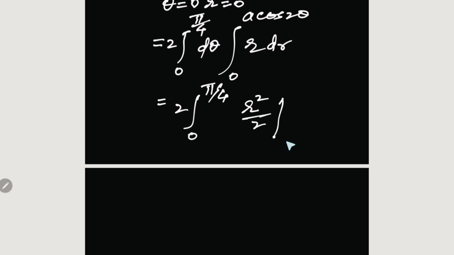And therefore, it is 2 times integration from 0 to pi by 4. Integration of r is r square by 2, limit from 0 to a cos 2 theta, and then its integration with respect to theta. These two get cancelled.